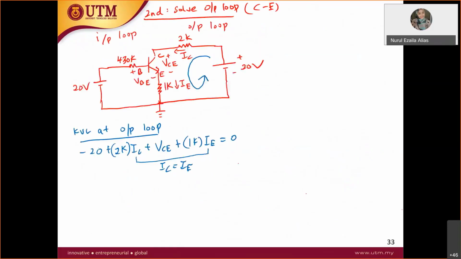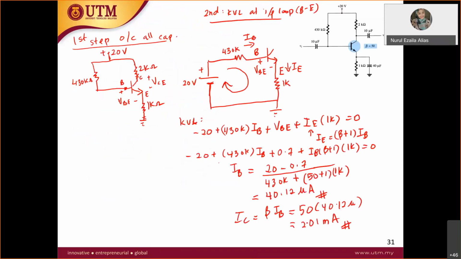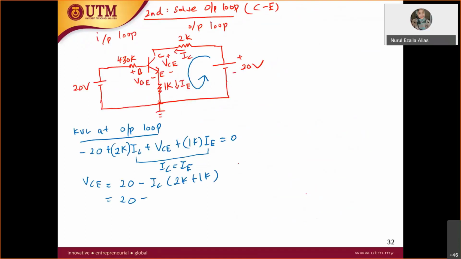So let's write down the equation. VCE is equal to 20 minus IC times (2K plus 1K). You have calculated the value of IC, which is 2.01 milli. 2K plus 1K is 3K.